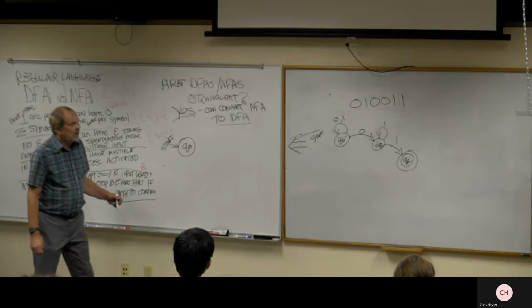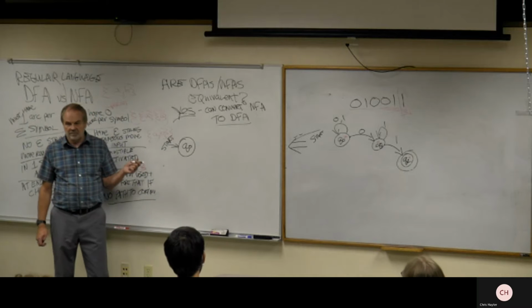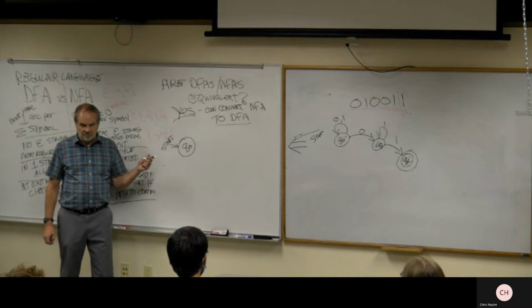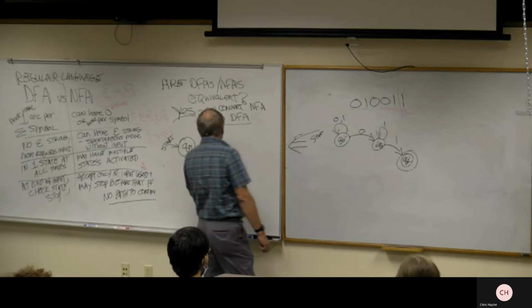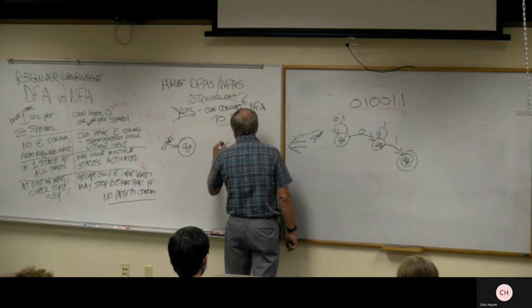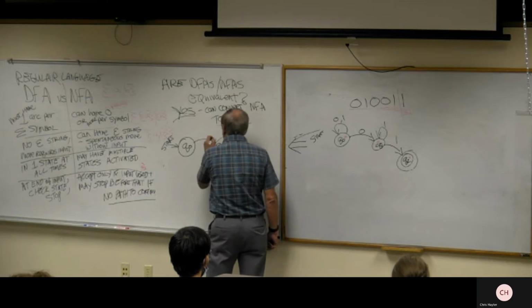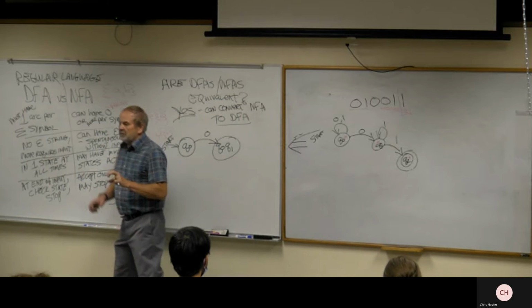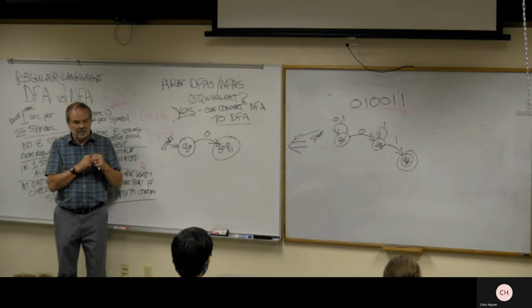So on a 0, where can Q0 go to? Q1. And Q0. So we need a combined state here representing the fact that on a 0, these 2 states are going to get activated, Q0 and Q1.